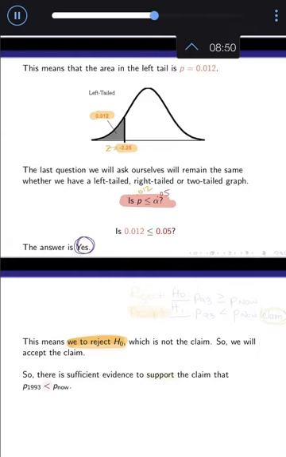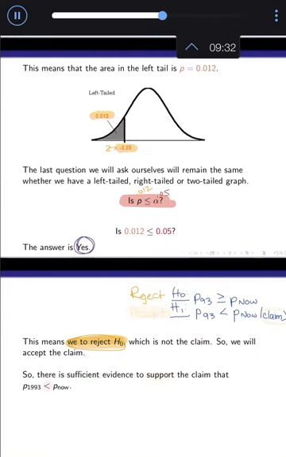As a reminder, what was H naught? Let's see, H naught and H1. We actually had that our claim was H1, which is the proportion for 93 was less than the proportion for now. That was our claim, which meant that the null hypothesis was the greater than or equal to, the complement. So by rejecting H naught, we're going to do the reverse for the thing that's below it.